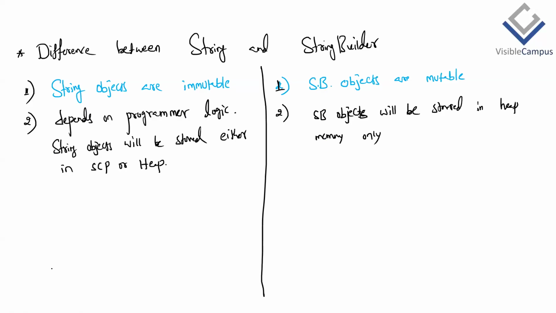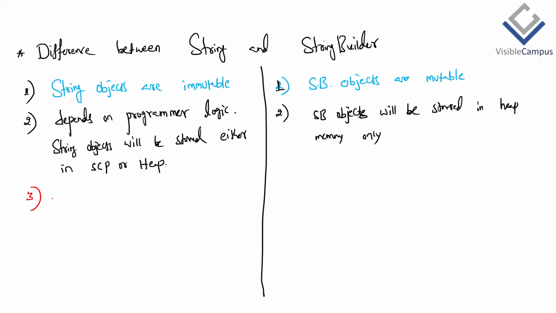The third one: String objects are not dynamically growable. Dynamically growable means, in the same place, will it be modified or not? No, that's already the immutable and mutable property.